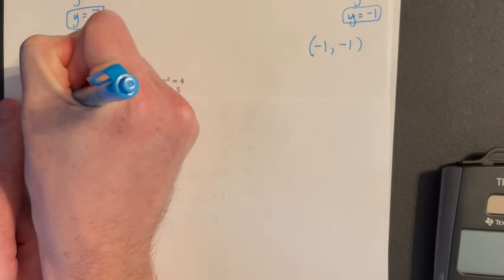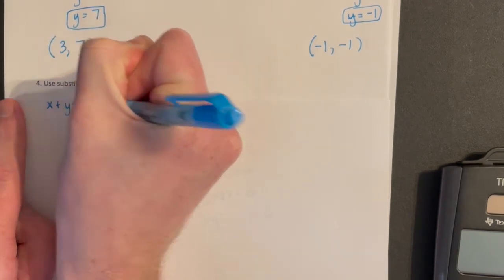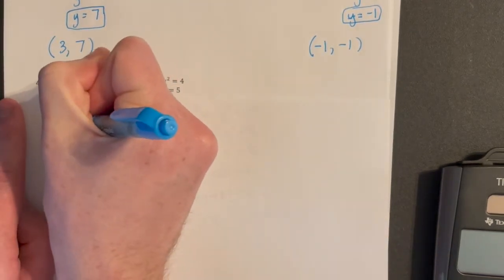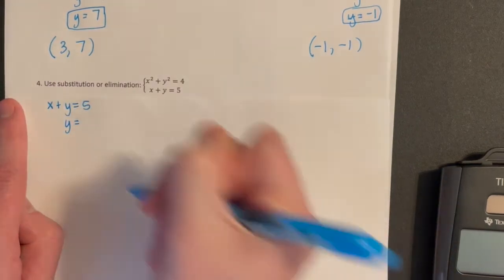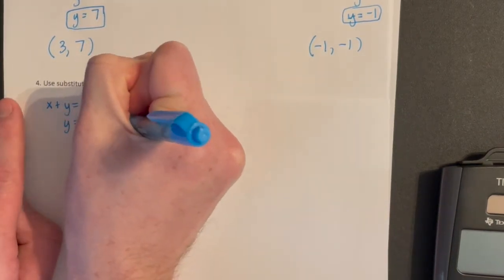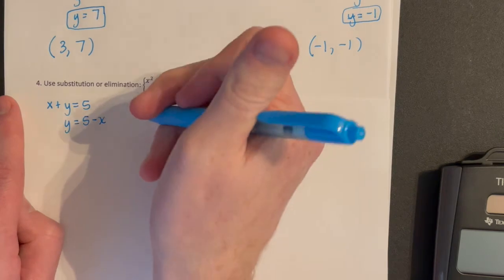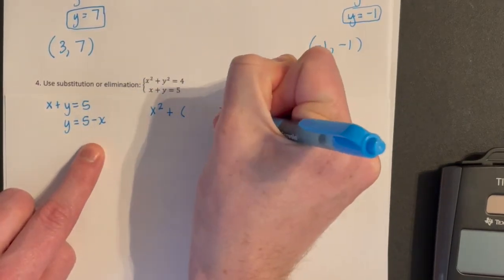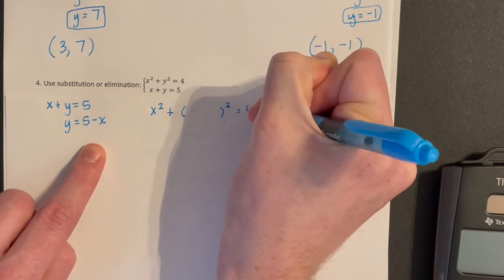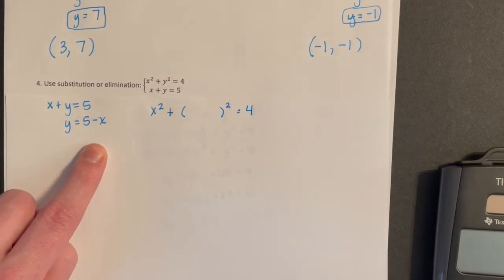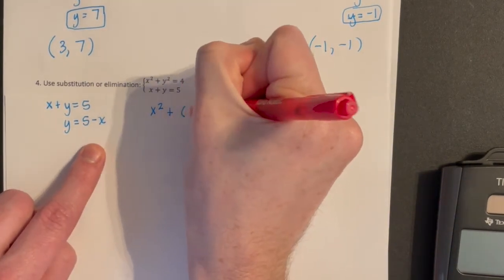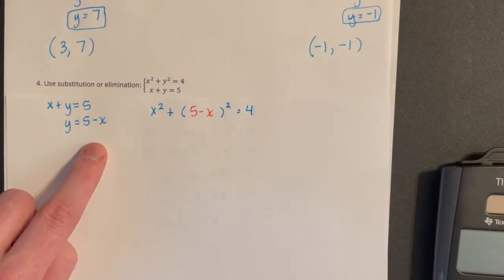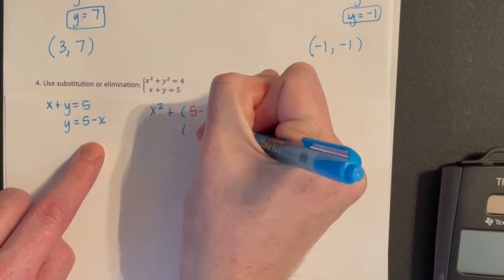Either one of them is going to be just as easy. So I take x plus y equals 5. I'm going to solve for y by just subtracting my x over, so it would be 5 minus x. Now I can use substitution and say x squared plus y squared equals 4, and that y is 5 minus x. You can make that -x plus 5. Either one's fine, but you're going to end up writing it twice.